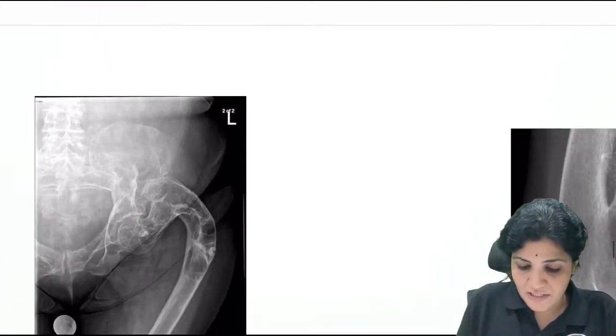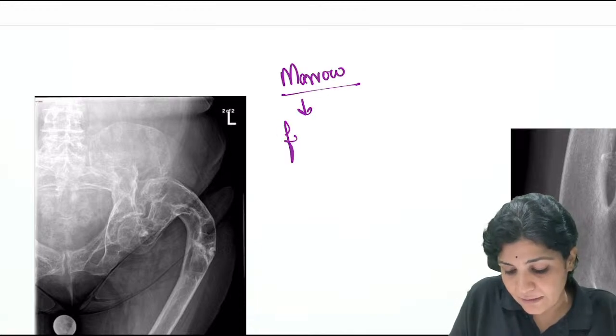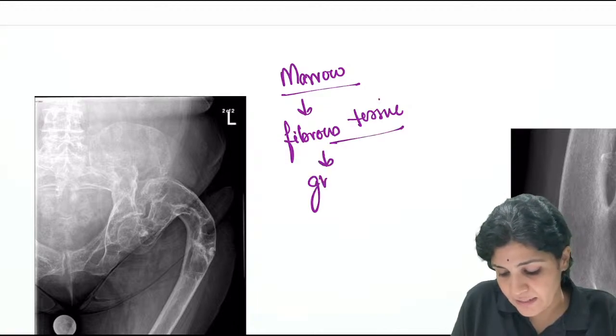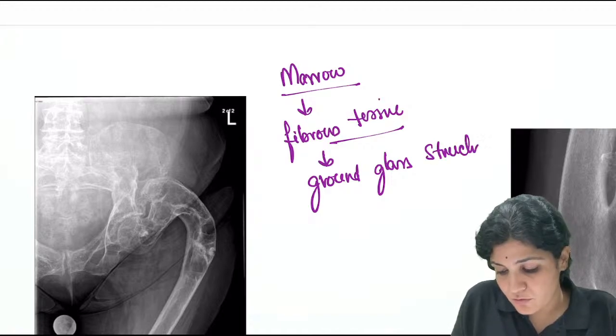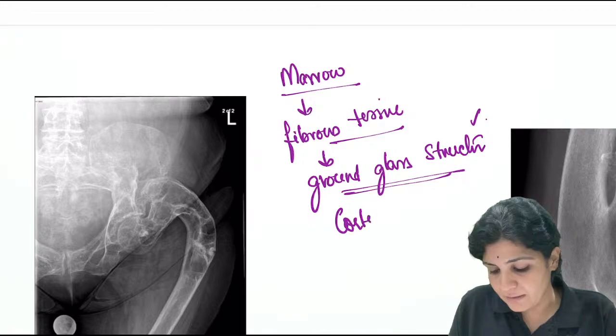So what is fibrous dysplasia? The marrow is completely replaced by the fibrous tissue. That is why it appears as a ground glass structure. Now there is no strength in the bone. The cortex has become thinned.